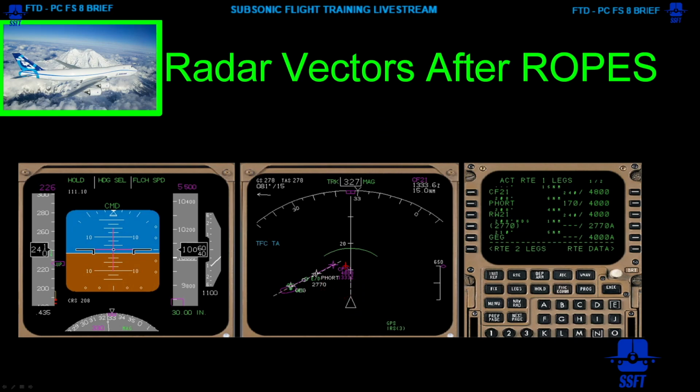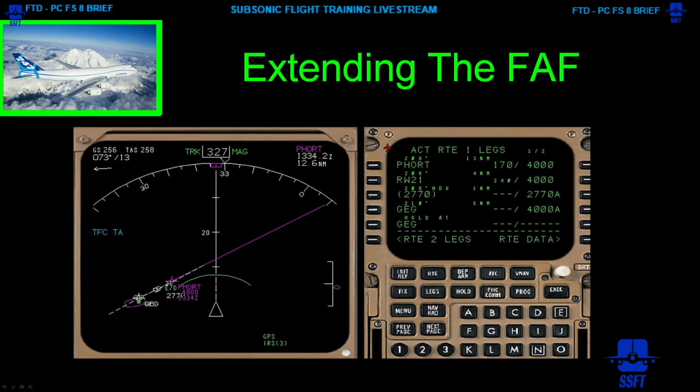And again, ours is going to be the RNAV Yankee 2-1, so this will be CBIS, and this will be SIGIO. And then to runway 2-1 for the RNAV Yankee 3-2, right? So these points will be different. And then, of course, at some point, we're going to extend the final approach fix into CBIS. And we'll be CBIS at 5,000, SIGIO at 3,900, and then to the runway.